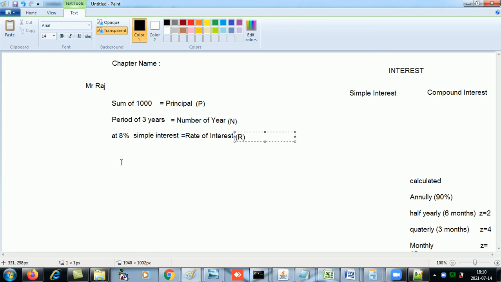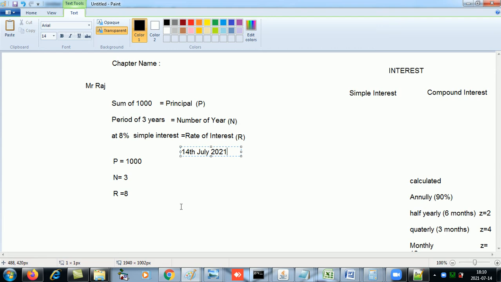So here let's write these three variables. P is 1000, N is 3, and R is 8. Now if he has kept the money today, that is on 14th July 2021, he has deposited the 1000 for 3 years.